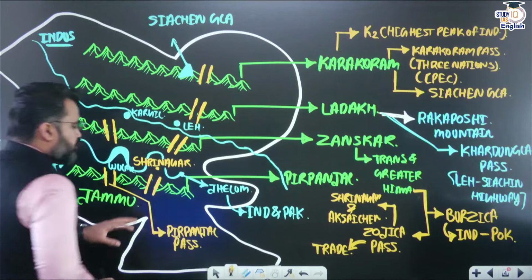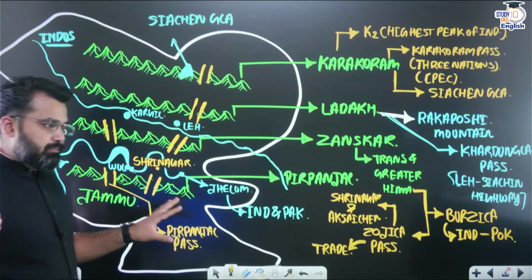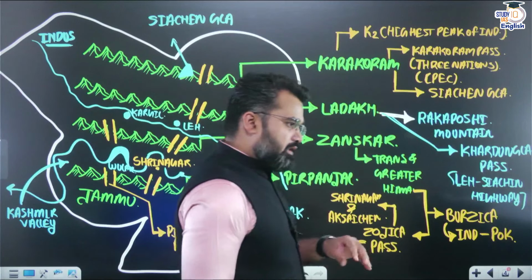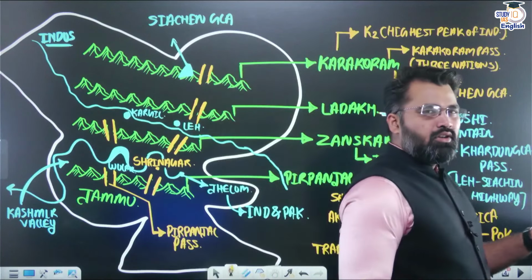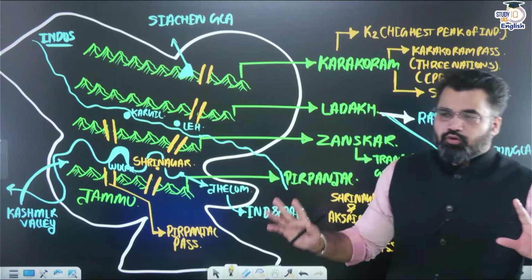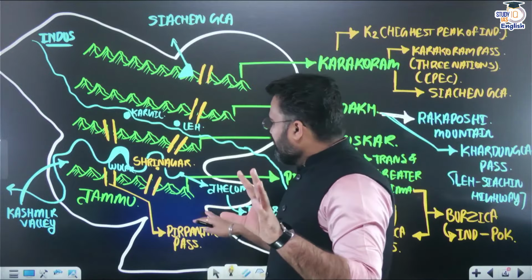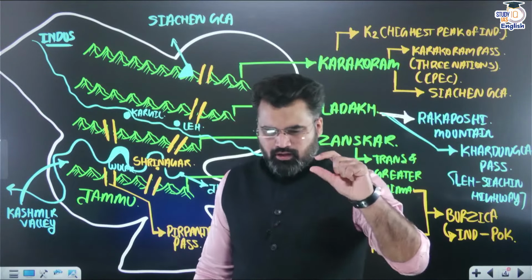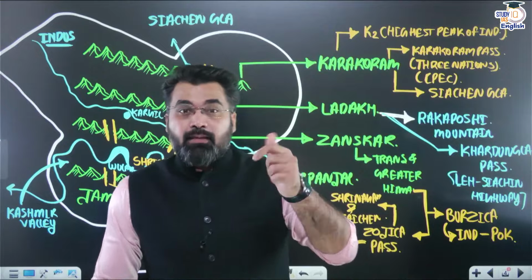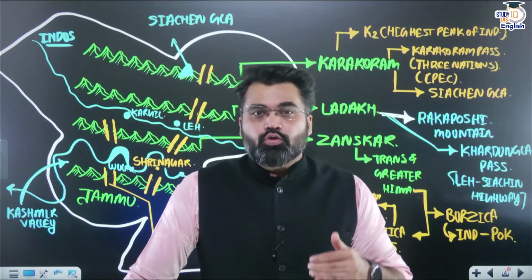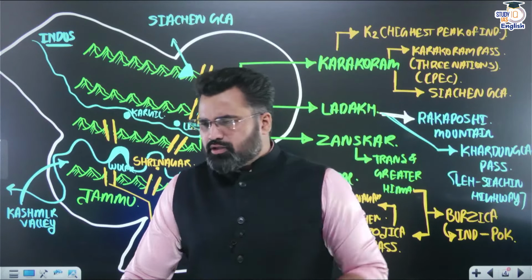This pass is used for tourism purposes only. This is not a complete pass actually. This pass is used by tourists for a very cinematic view of some of the grassland present here, specifically temperate grassland, which is called Marg: Gulmarg and Sonmarg. I think you have heard about that part.